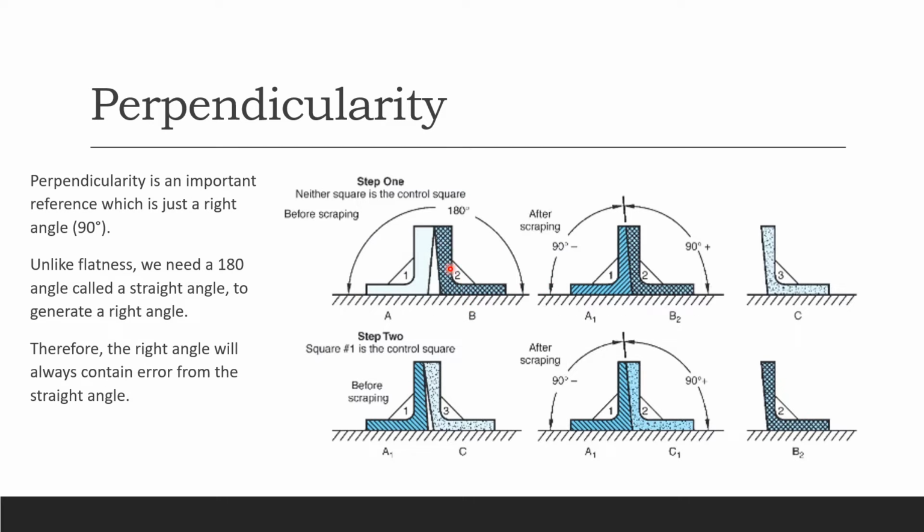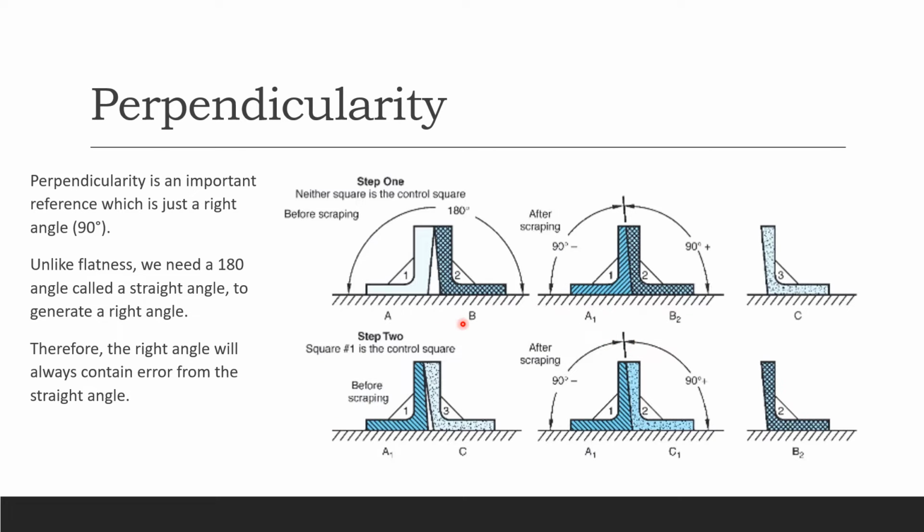So in order for us to be able to generate a right angle or perpendicularity reference plane, we have to start with a 180 degree angle, which is just a flat surface. And that's where we use a flat surface to make perpendicularity. So therefore, the right angle will always contain error from the straight angle.